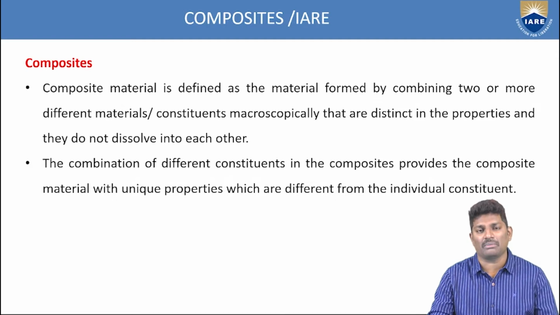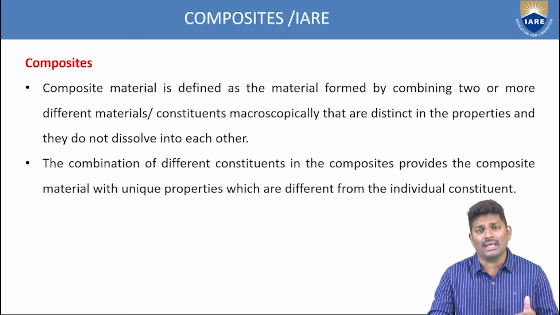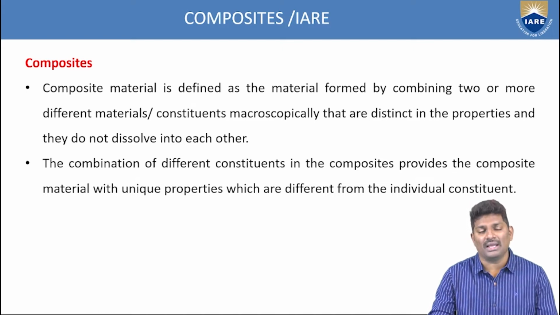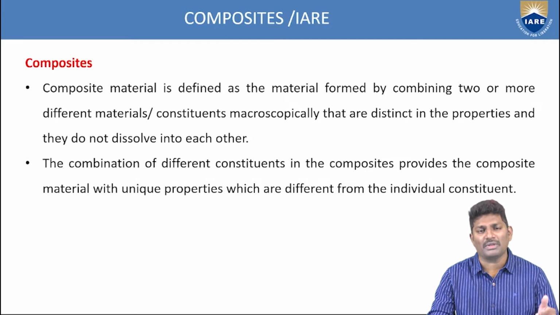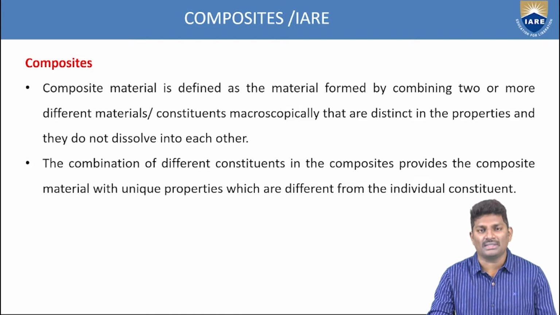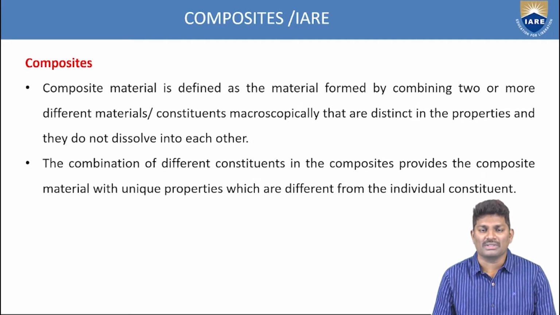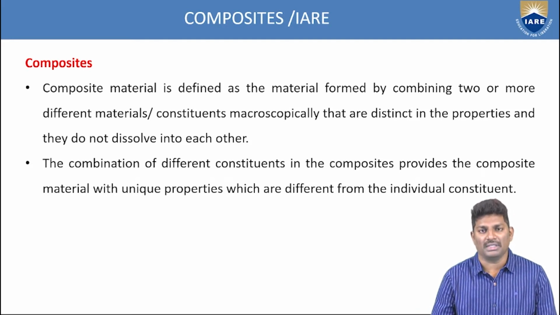So that is the difference you have to make between polymers and composite materials. Polymers also have many parts inside the body, but they dissolve into each other and look like a single material. Composite materials also have more than two materials, but they do not dissolve into each other.